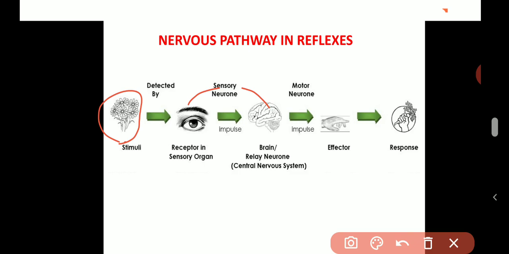The brain decides, beautiful flowers, I need to pluck them. Then the information is given to the motor neuron. Who is going to do the work of plucking the flowers? That is the hand. The information goes to the muscles of the hand, and then the hand grips the flowers and plucks them off. So that is how the message passes on.